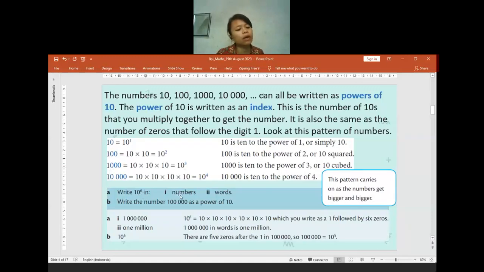If we have to mention it as a number, because this is 10 to the power of 6, the result will have 6 zeros. So we write it as 1 with 6 zeros, and we will read it as 1 million in words. And then now we have to write 100,000 as the power of 10. There are 5 zeros, so the answer will be 10 to the power of 5. Is there anyone having any question, or maybe I talk too fast or anything so far?